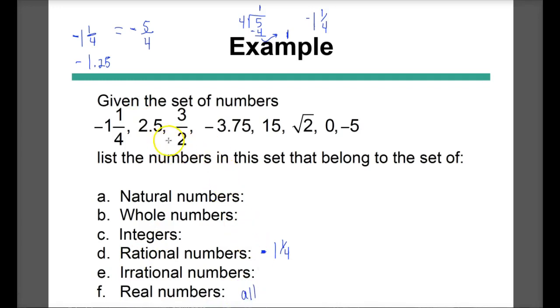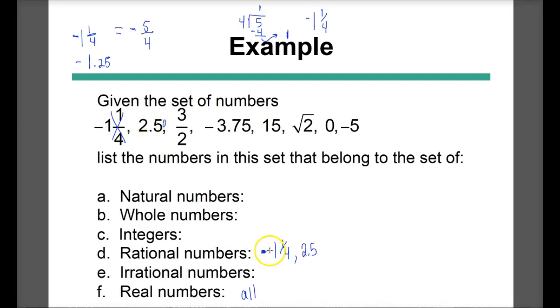Okay, let's look at the second number, which is 2.5. Okay, 2.5, it is a decimal number, and it's a decimal number that is written in terminating form because, of course, we could put 0 on the end here and it doesn't change it. So we know that it is indeed a rational number. Okay. We can't call it an integer again because it's not a whole number.